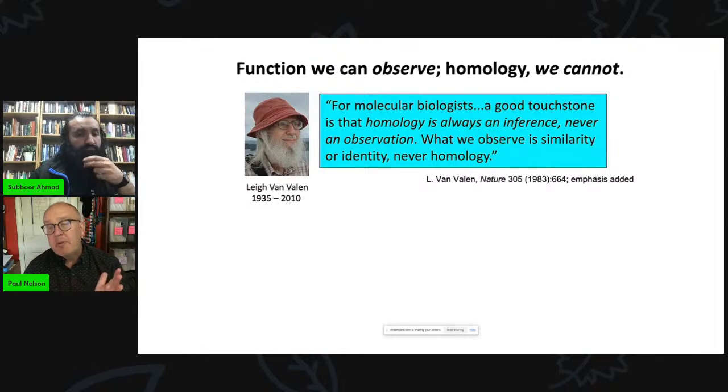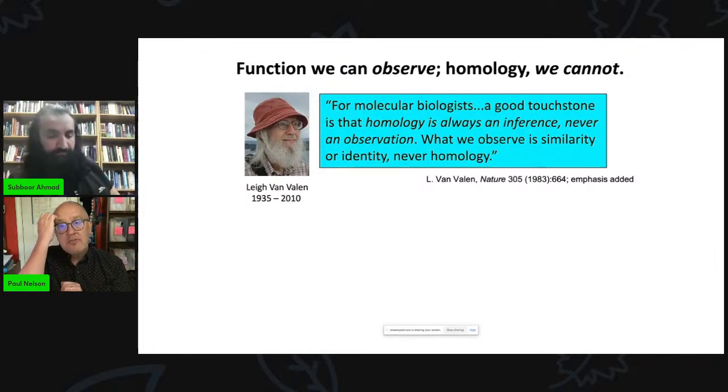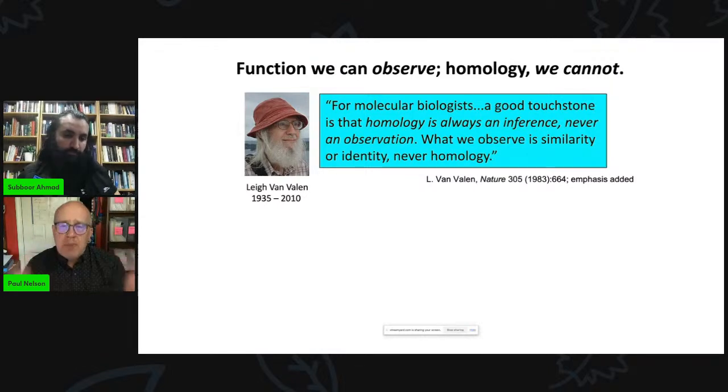A real-time experiment in virology and molecular evolution for an RNA virus, right? We can observe in real time how that sequence is changing around the globe. In most cases, however, homology is going to be an inference, not an observation.